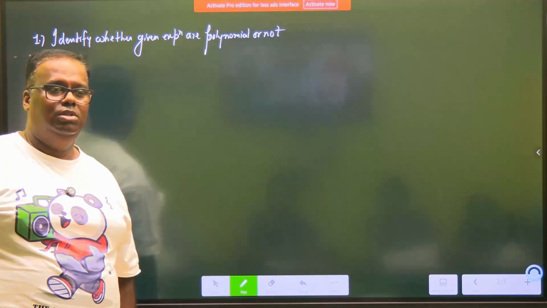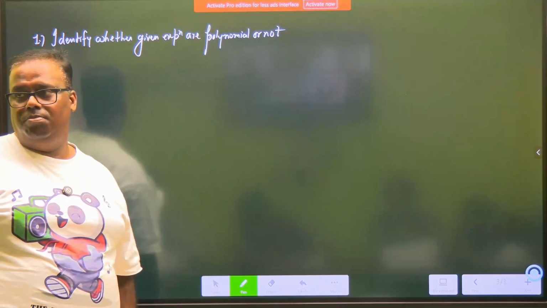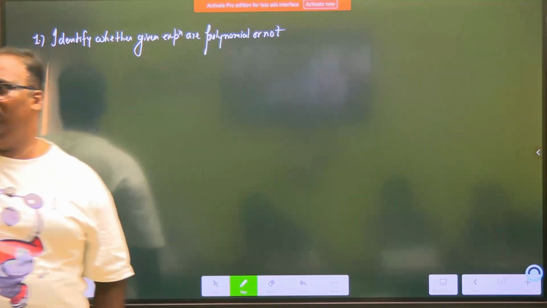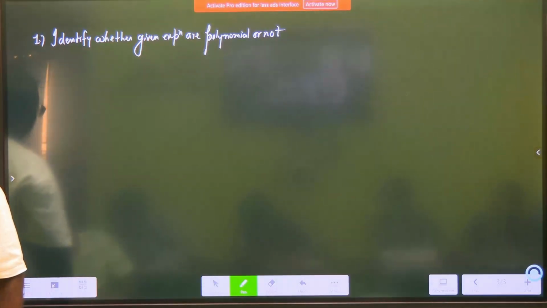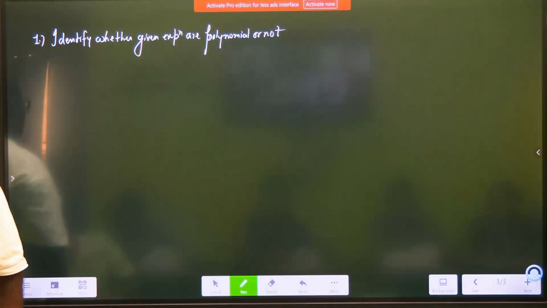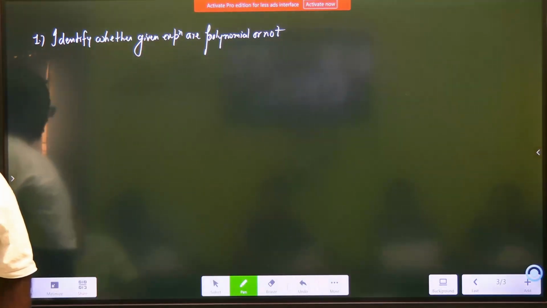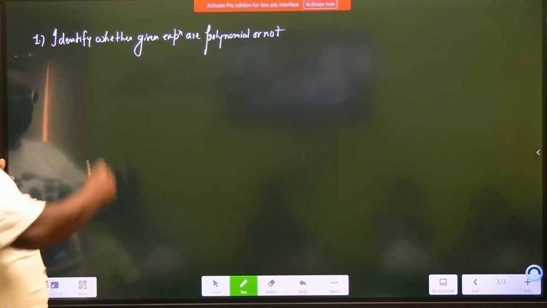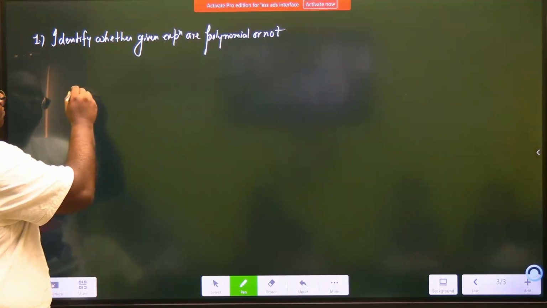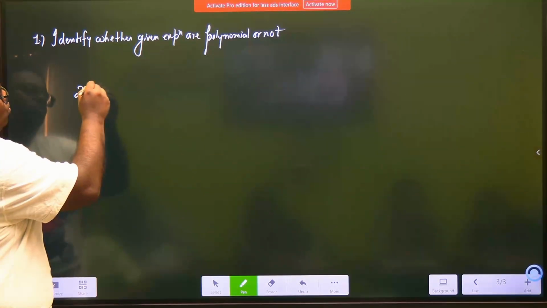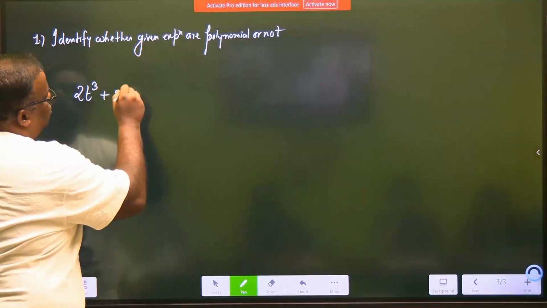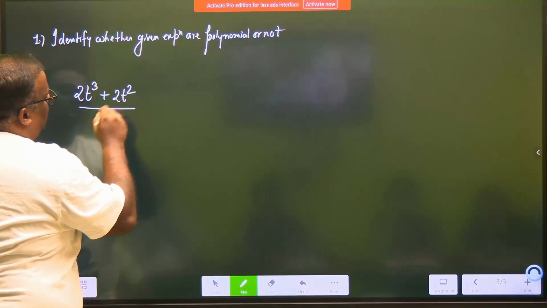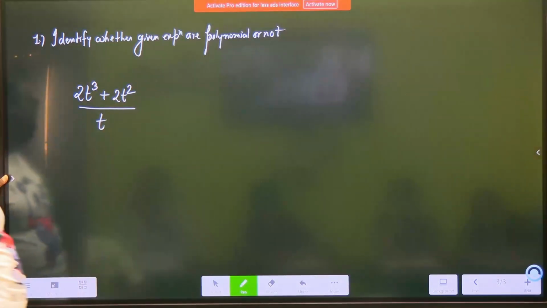The rule is simple. If they give you some rational expressions, you should be careful. Bring everything above the ground. Let's say, for example, there is a term 2t cube plus 2t square divided by, say, t. They have given you a term like this.